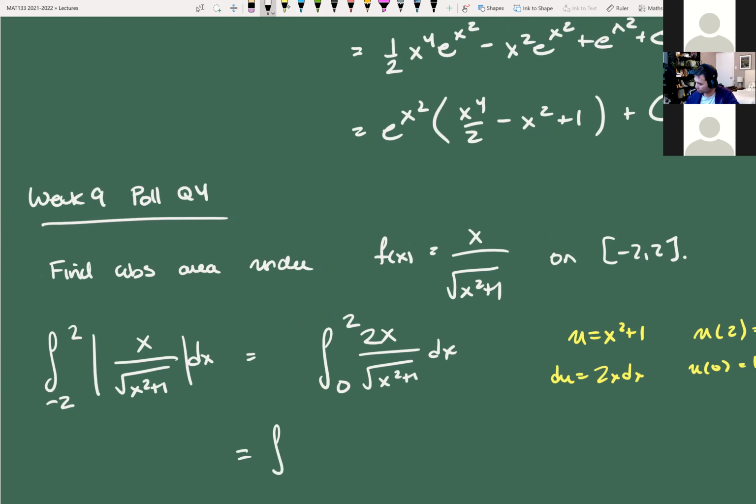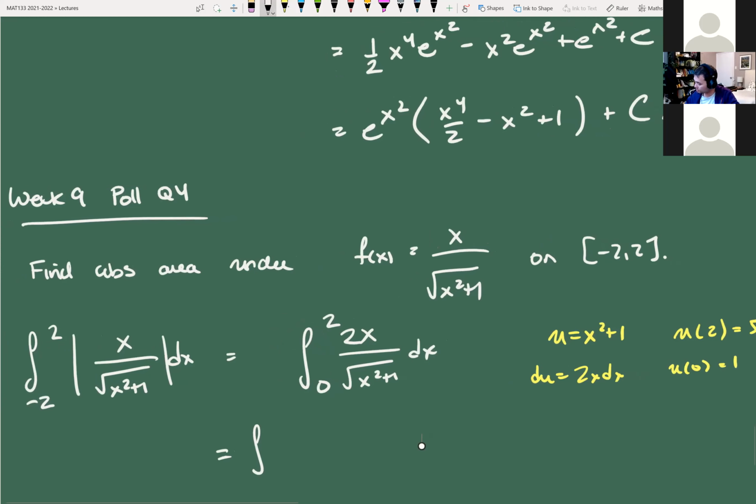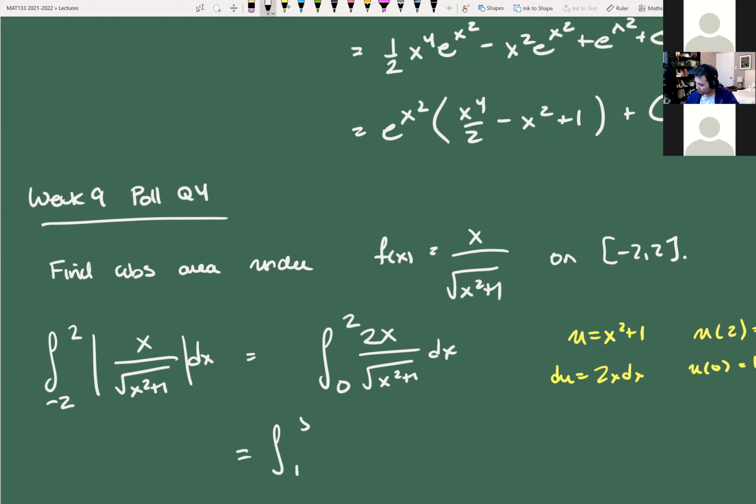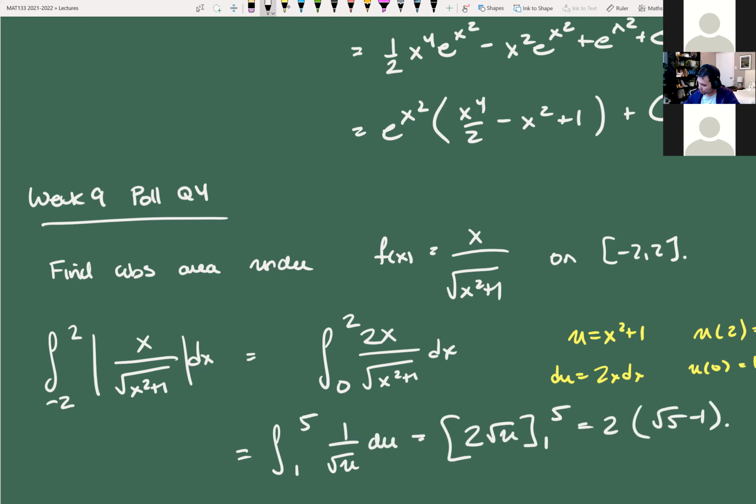So I'm going to get the integral from 1 to 5 of 1 over root u du. All right, FTC. So this is going to be 2 root u from 1 to 5. So this is going to be 2 root 5 minus 1, like that.